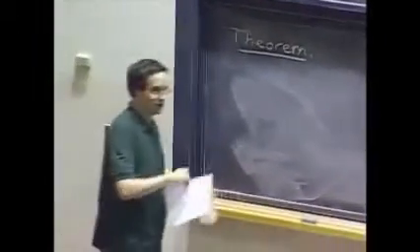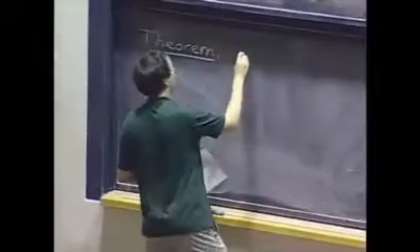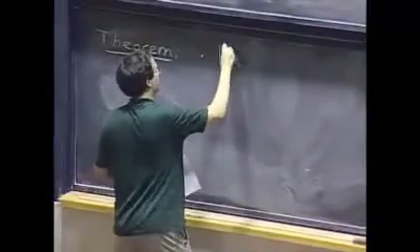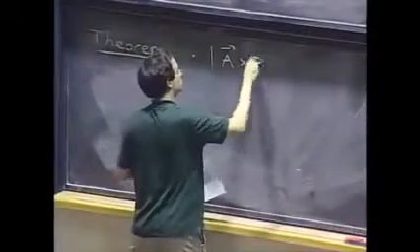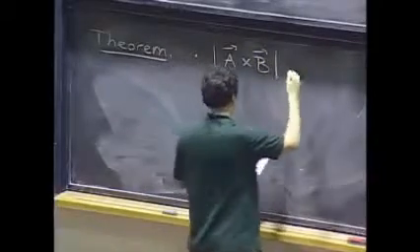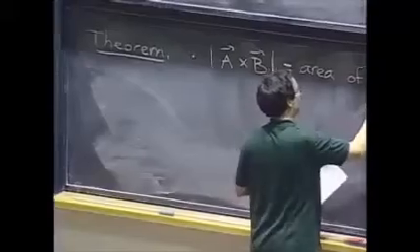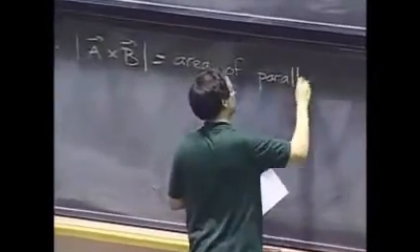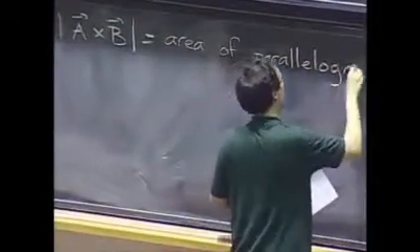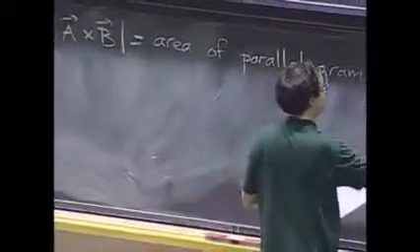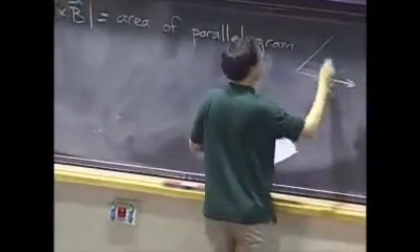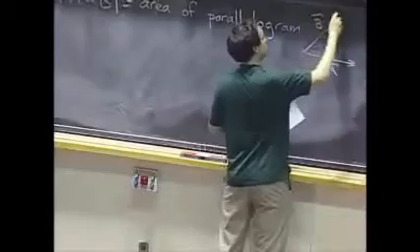Okay, let's start with the length. The length of a cross product is the area of the parallelogram in space formed by the vectors A and B.